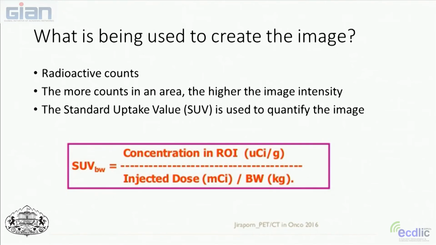And these counts are called the standard uptake value, or the SUV. And if you're going to do a quantitative analysis, you're going to want to know what the concentration of this is in the region of the brain you're looking at, divided by how much tracer you initially injected into the body.